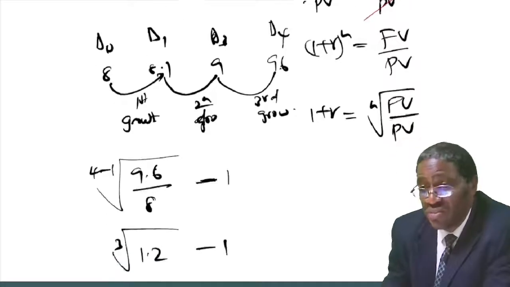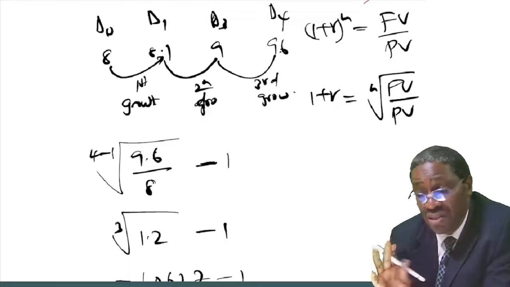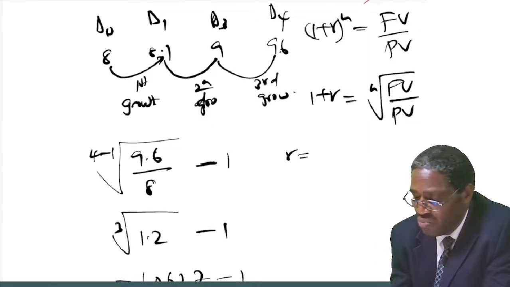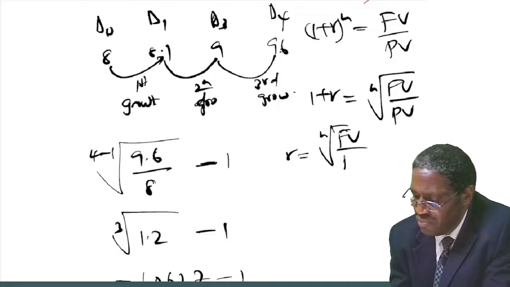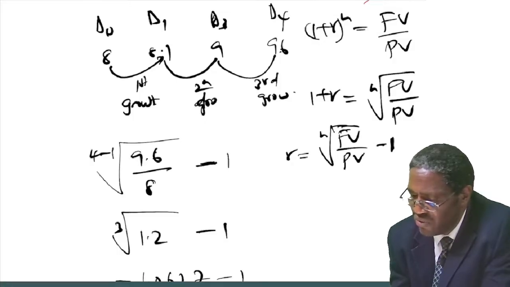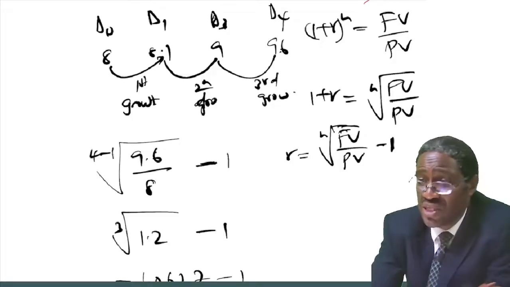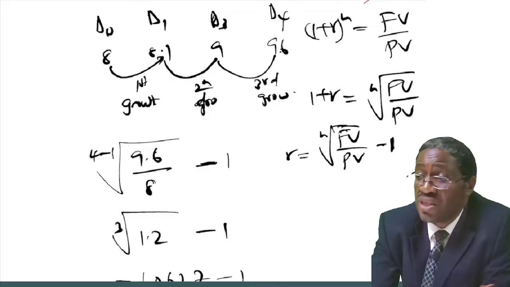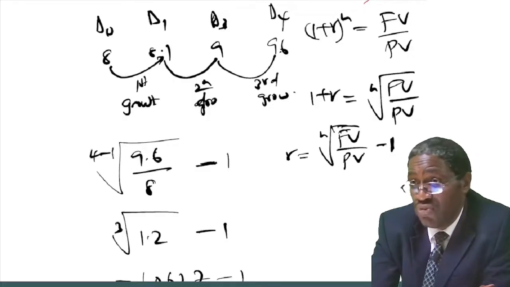Now listen, I am still looking for r. So to get r, I take 1 to the other side. r will be the nth root of FV divided by PV, everything minus 1. So this is generally how the growth rate formula is derived.